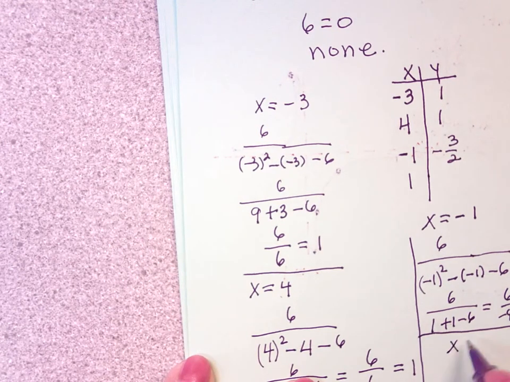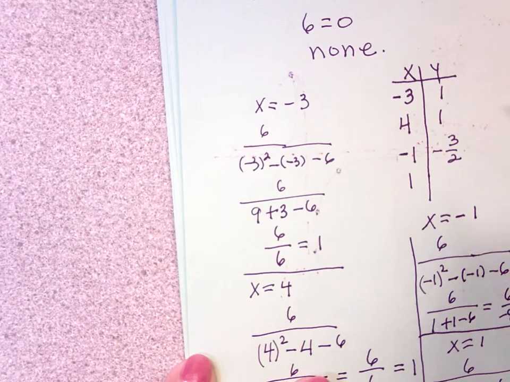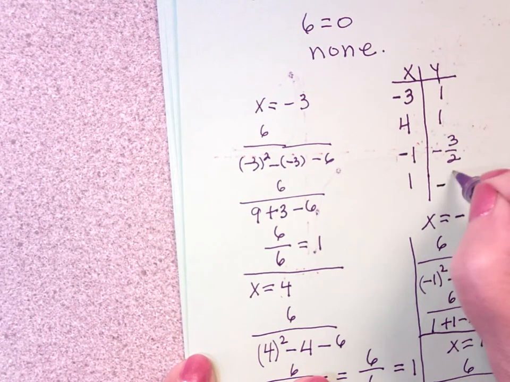And if x equals 1, I'll have 6 over 1 squared minus 1 minus 6, which is 6 over minus 6, which is minus 1.